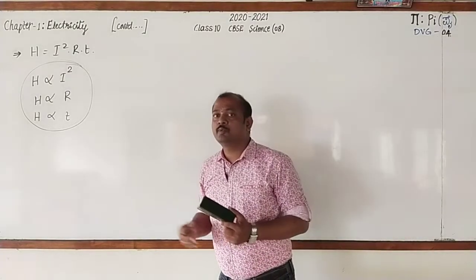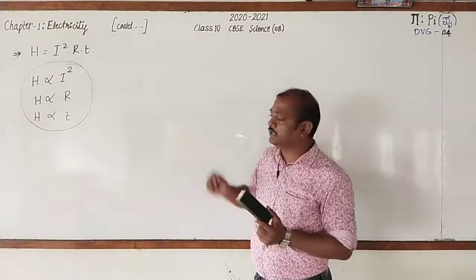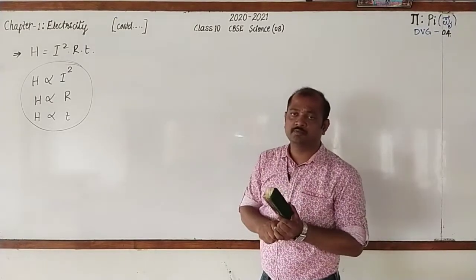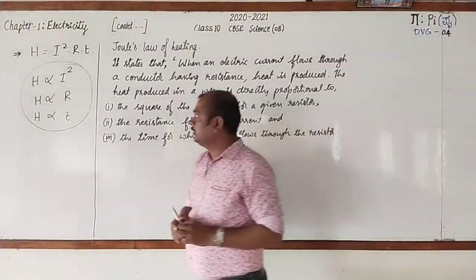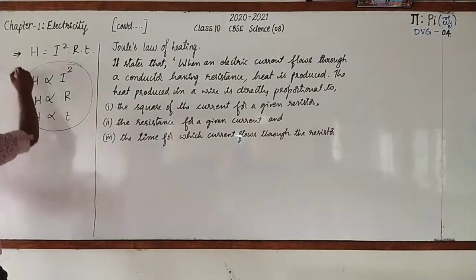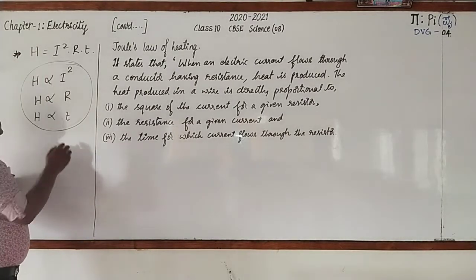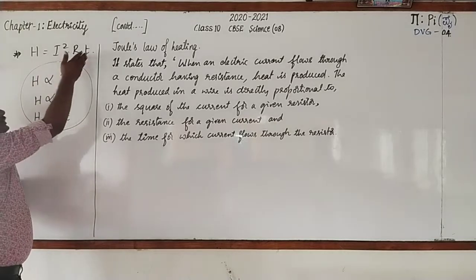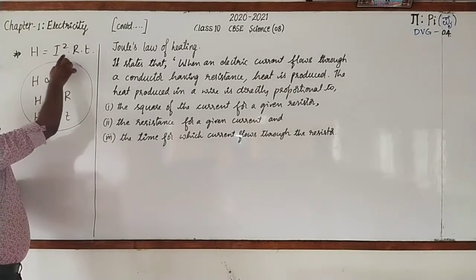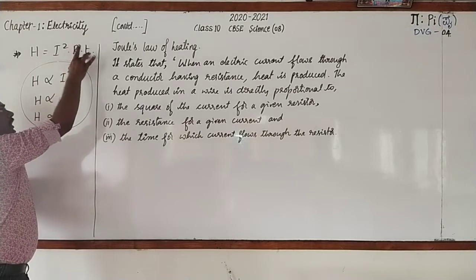Now I'm going to write the statement. You should also write with me. In your notes, you can make this the third point. That is how heat energy produced is related to these three physical quantities: current, resistance, and time.